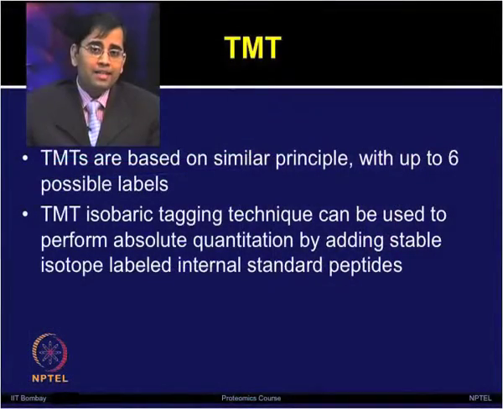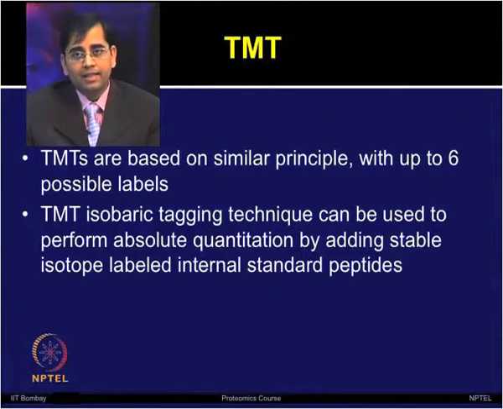So, these tandem mass tags are based on a similar principle as iTRAQ. Here the possibility for multiplexing is up to 6 possible labels. The TMT isobaric tagging technique can be used to perform absolute quantification by adding stable isotope labeled internal standard peptides.